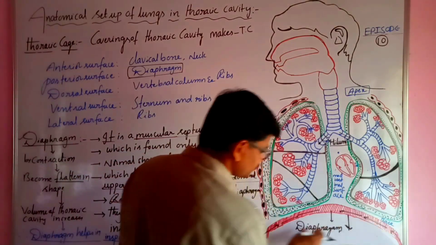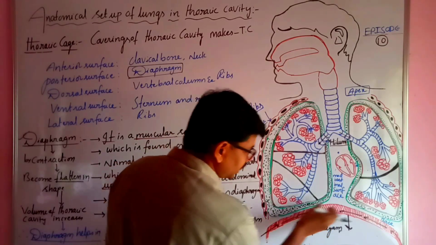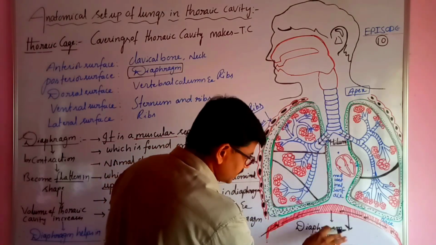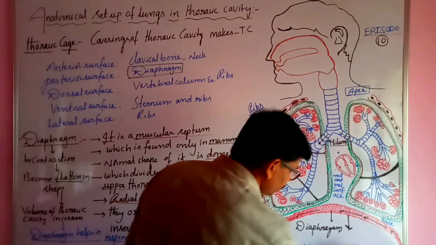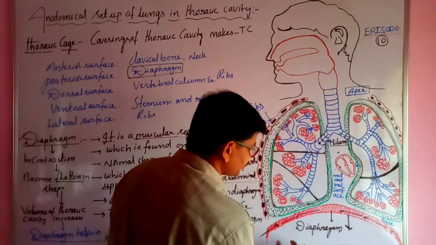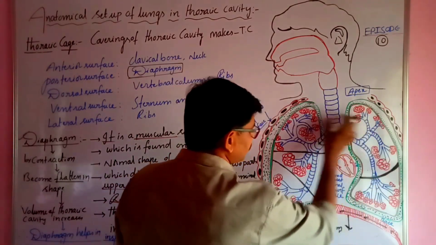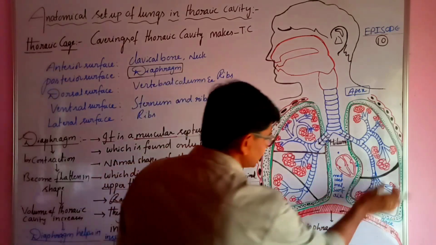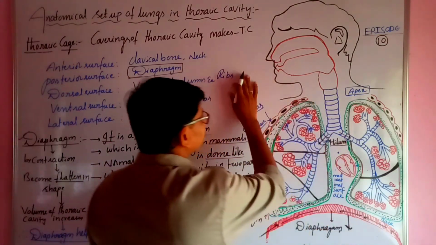Generally, the diaphragm is a dome shaped organ or muscular septum, but during contraction it becomes flat. Now due to the flattened diaphragm, the volume of the thoracic cavity increases. Whenever the thoracic cavity volume increases, automatically pressure decreases compared with the atmospheric pressure.